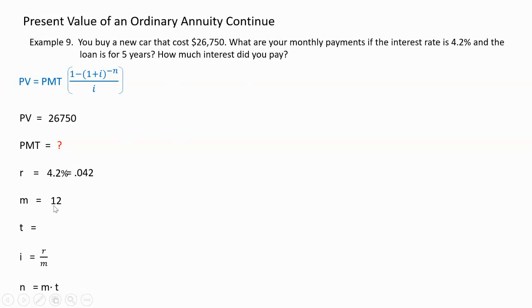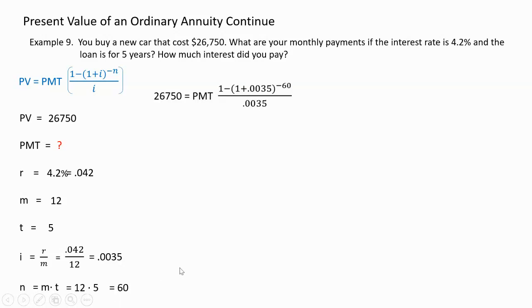Most of the times, when you purchase a house or a car, M is going to be 12 because they're monthly payments. The time is 5 years, and the i is going to be r divided by m, so 0.042 divided by 12 gives you something like 0.0035. The n, or the number of payments, will be m times t, which is 12 times 5, which gives us 60. So this is how you put it into the calculator.